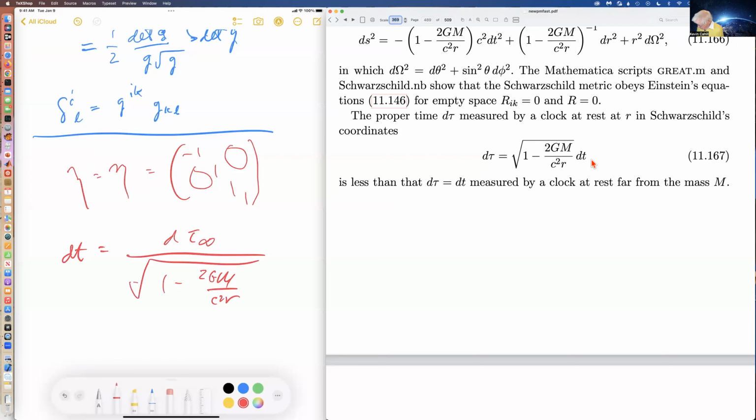And so this goes to infinity, which means the time between ticks is essentially infinite. And so that's why those guys on Miller's planet, their hearts and their biology slowed down so much that when they came back to Earth, the people they knew were all quite old.